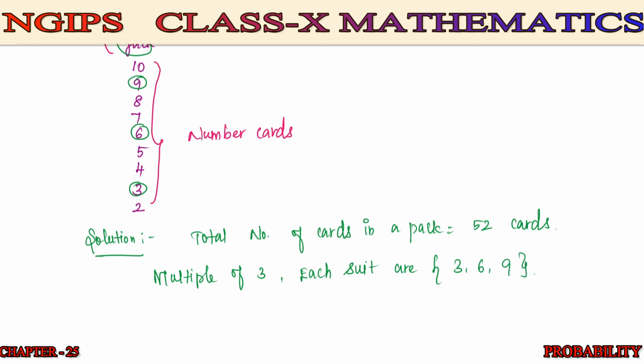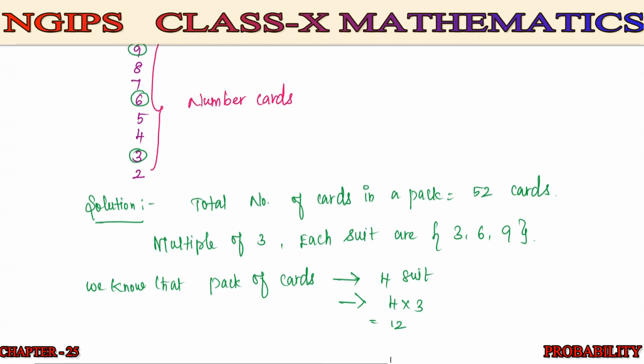We know that a pack of cards has 4 suits. So in this, each it is 3 numbers means here you will get 4 into 3 is equal to 12. So here we have to remove 12 cards.